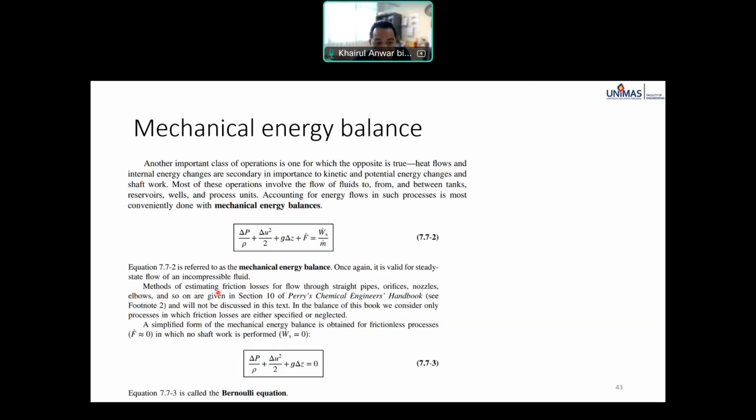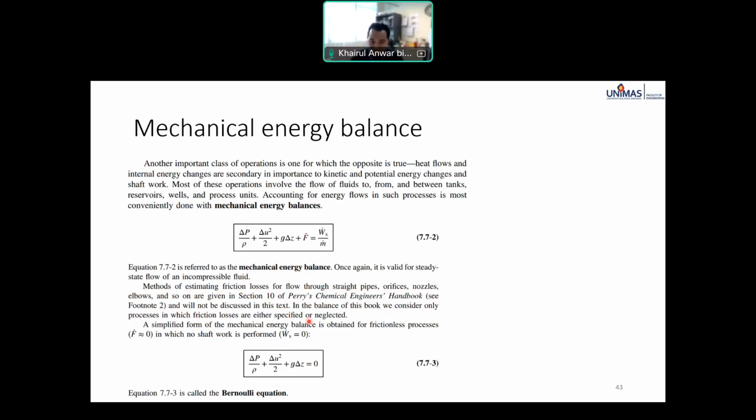The method of estimating friction loss from flow through straight pipe, orifice, nozzle, elbow, that is referred to as the F here. It's not available in the appendix. You can refer to your handbook, but it will not be discussed in this text.